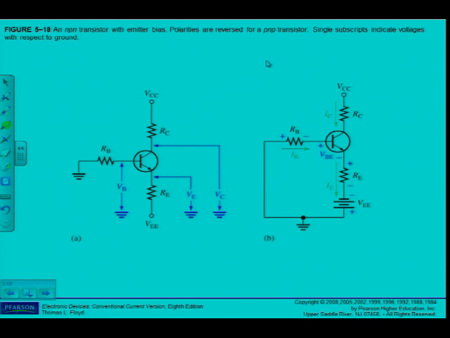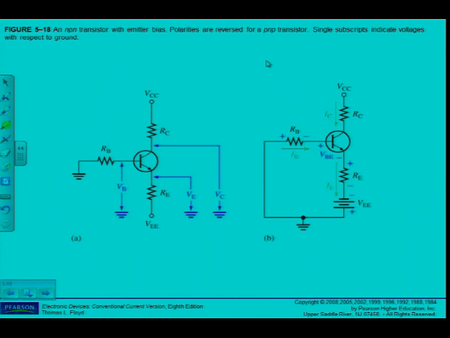Then substituting IB is equal to IE divided by beta DC, and transposing VEE and factoring out, I get the final formula at the bottom of the page there: IE is equal to minus VEE minus VBE, divided by RE plus RB divided by beta DC.